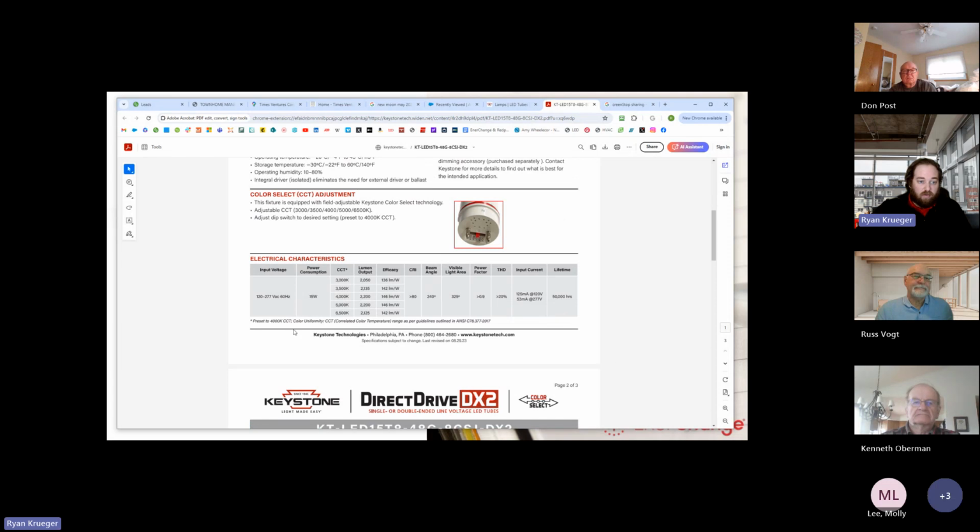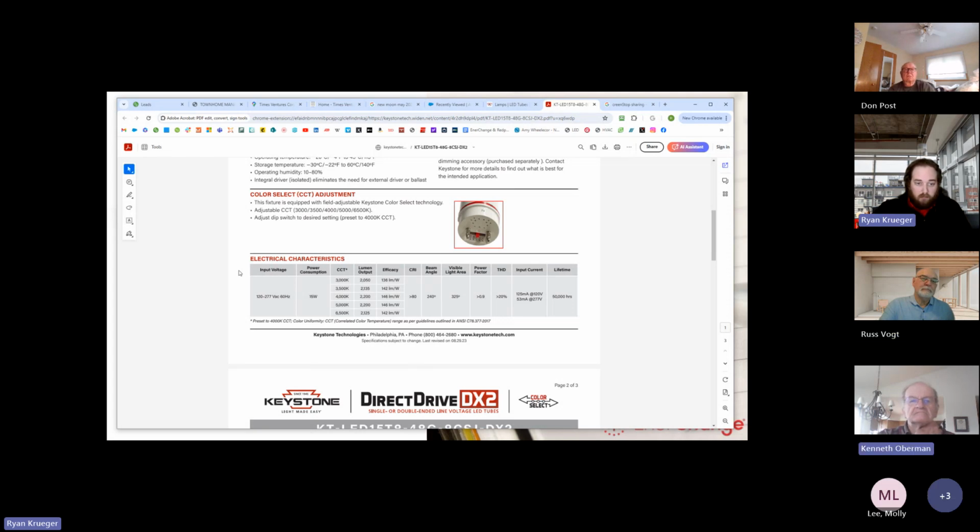As you go through, the input voltage is something that you'll need to know on the electrical panel. It's 120 volt to 277 volt universal, so it'll work between that. It'll work on 208 or 240.